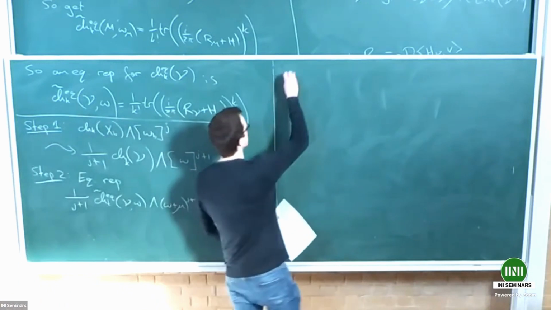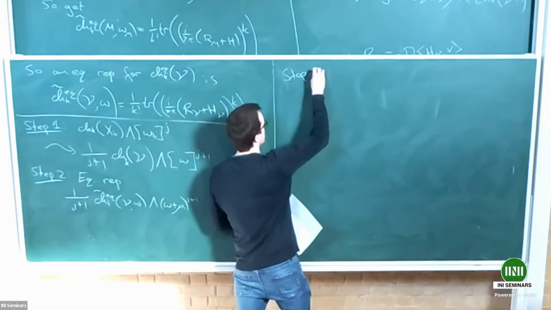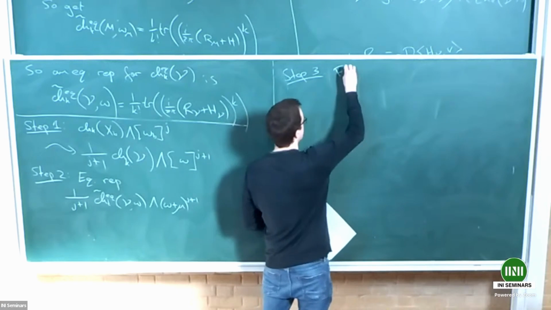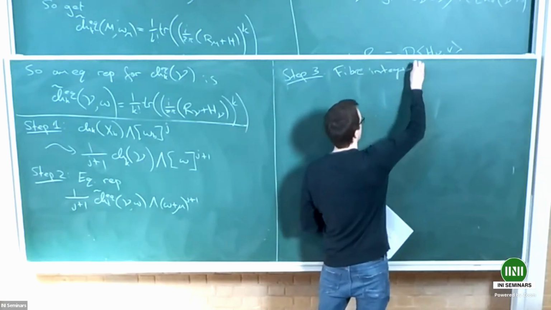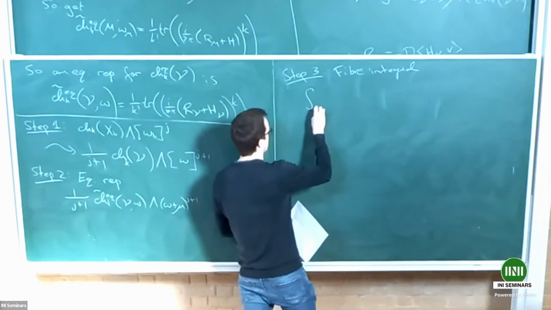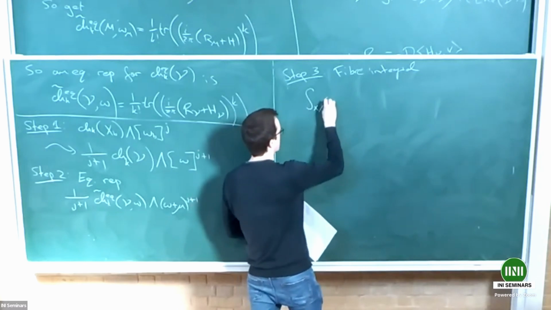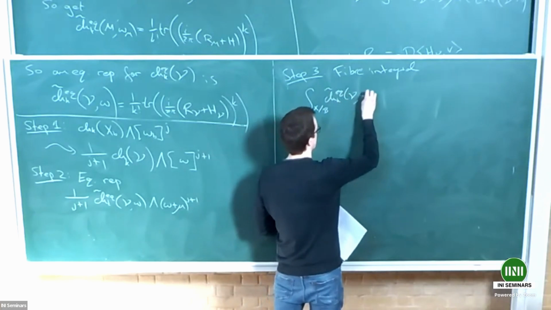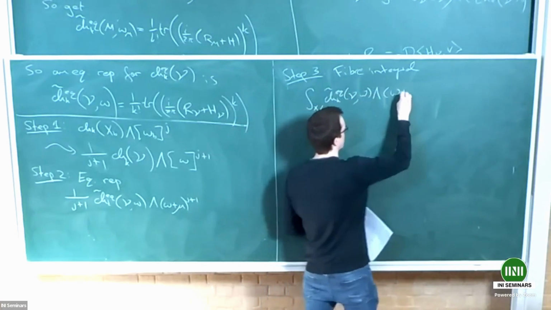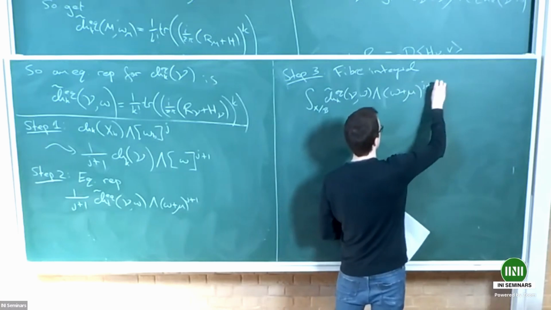So step 3 is to take the fiber integral of x over b, ch tilde x, the omega wedge omega plus mu to the j plus 1.